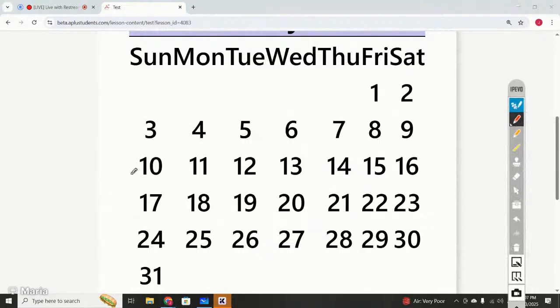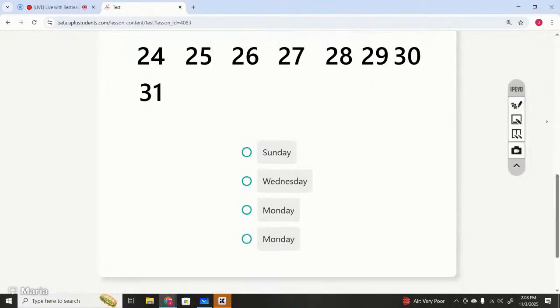So the correct option is that it is on Sunday.